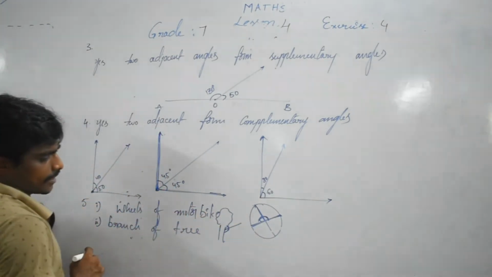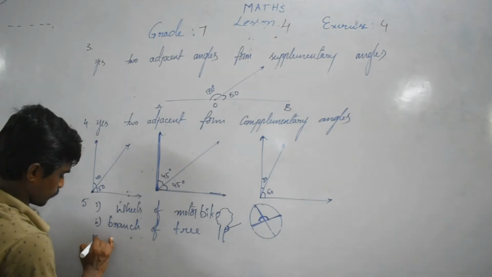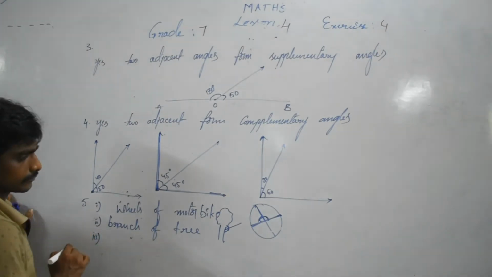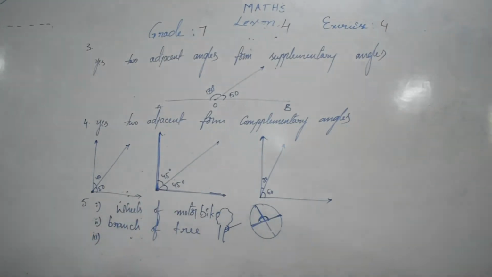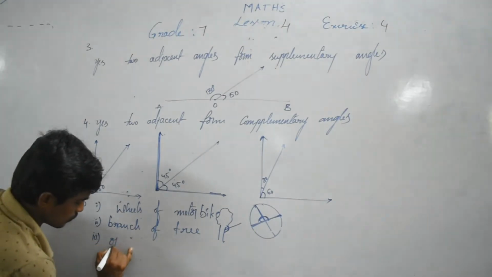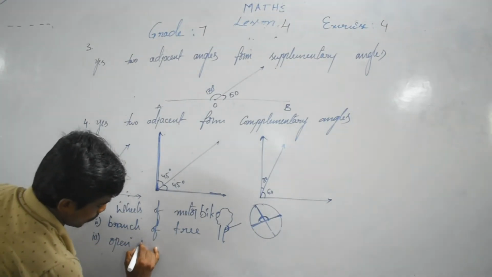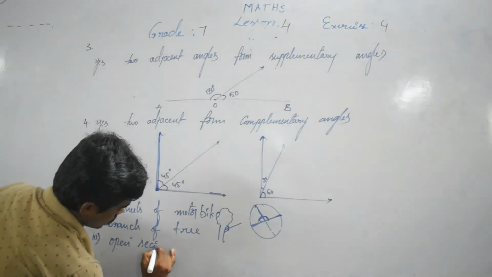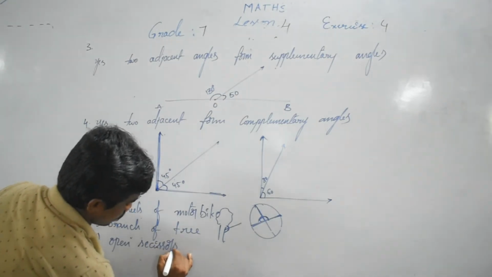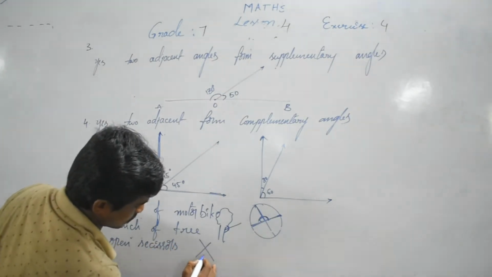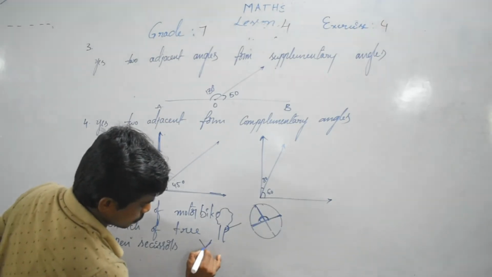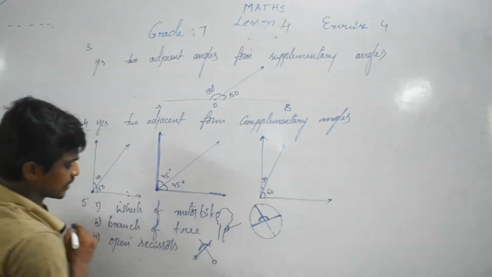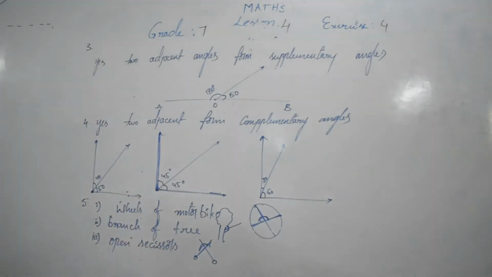Here adjacent angle. Third one, open scissors. Here see, this is an open scissor, forming adjacent angle. The remaining two you write as homework.